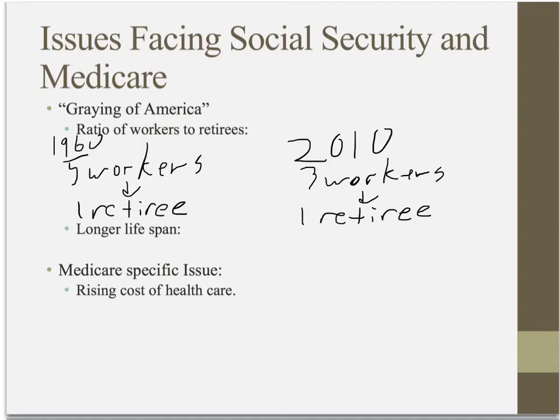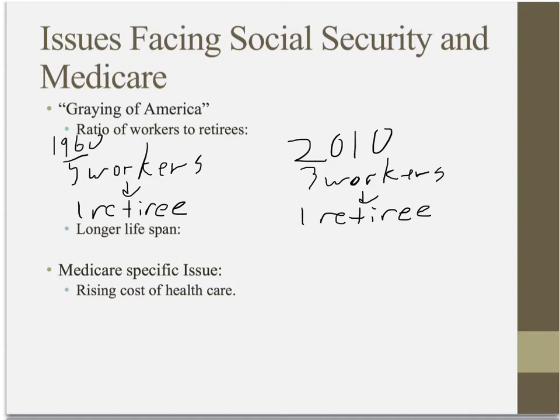This causes problems because there's going to be more and more strain on people taking money out of the bank account and fewer people per person taking out able to add back into it. So if you have more and more people taking money out, but not equally more people adding in, that bank account is going to shrink very, very small and possibly go bankrupt in our lifetime.